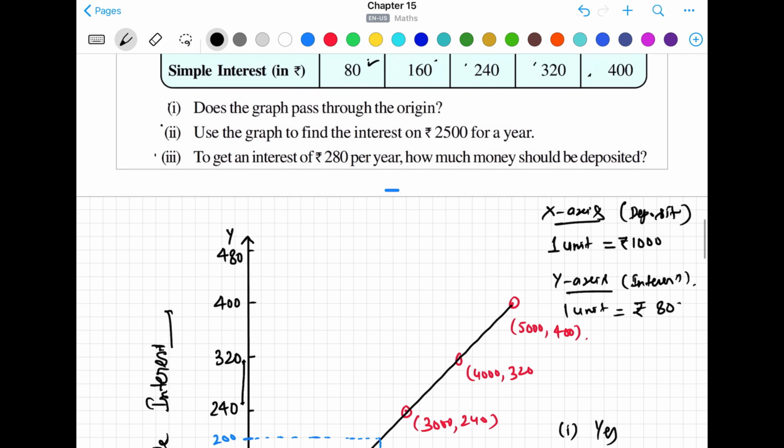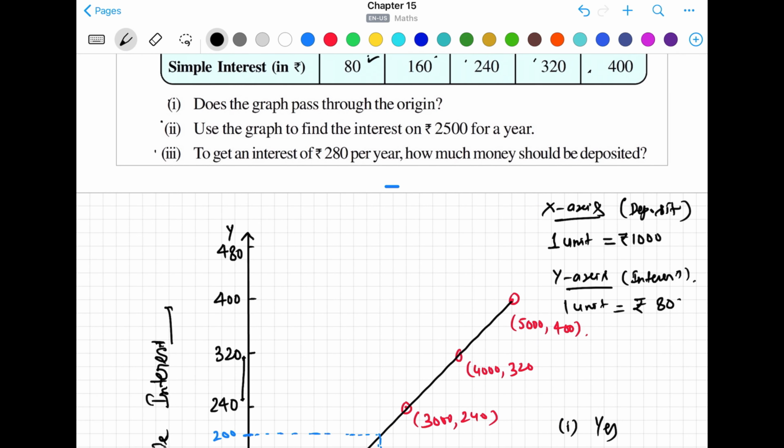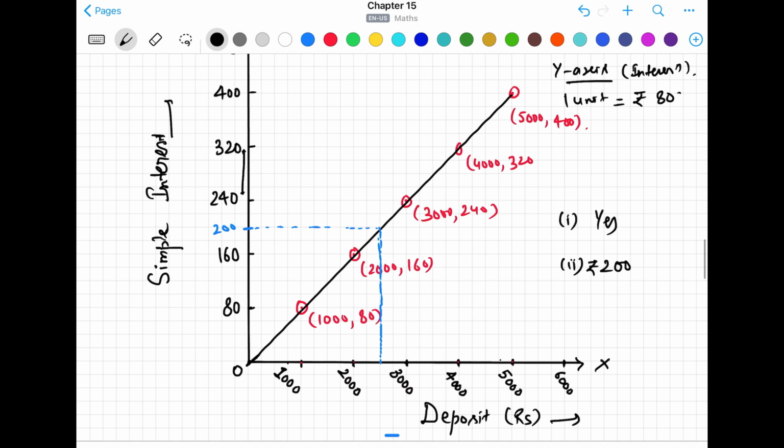So the answer for the second part is 200 rupees. Third is, to get the interest of 280 per year, how much money should we deposit? Let's mark the interest of 280, which will be between 240 and 320. So that will be here.